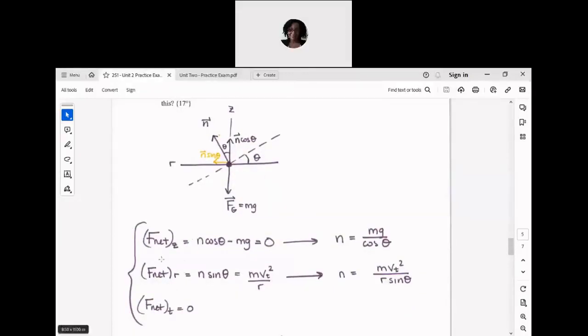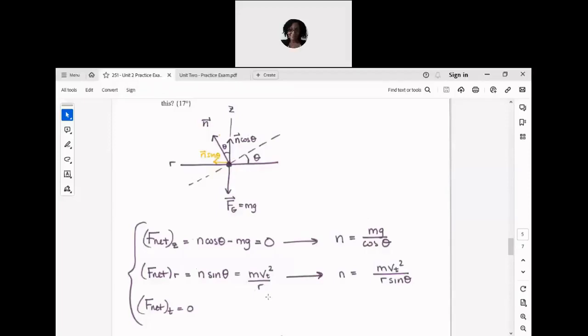So we can go to our radial net force expression for the next equation in our system. And there's only one force vector that points along the radial axis. It's pointing toward the center, so I can treat that as a positive. So F net radial is n sine theta, but that also has to be equal to m times the radial acceleration.